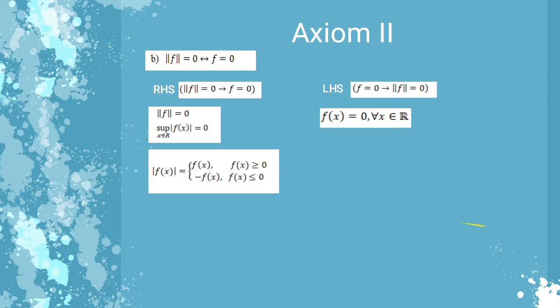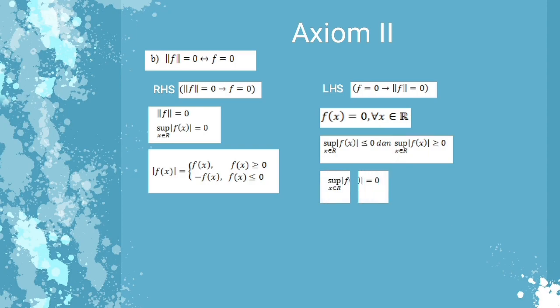Hence we get that the supremum of the absolute value of f(x) is less than or equal to 0, and the supremum of the absolute value of f(x) is greater than or equal to 0. Then it must be that the supremum of the absolute value of f(x) is equal to 0, or in other words, norm f is equal to 0. So the second axiom is satisfied.